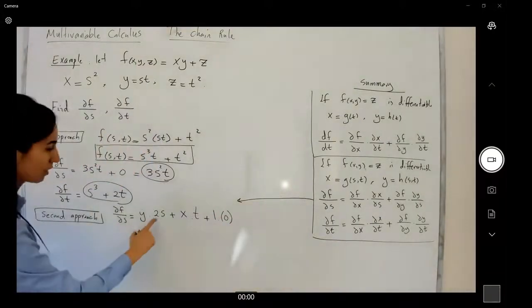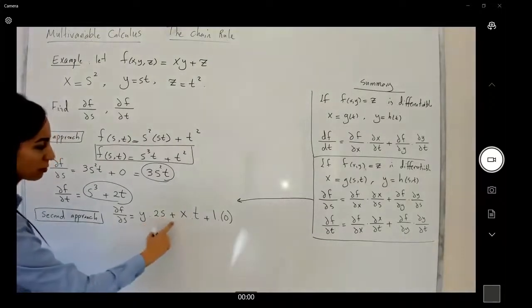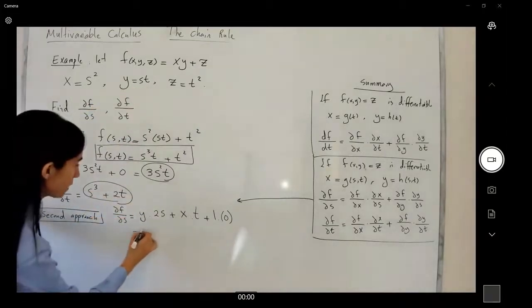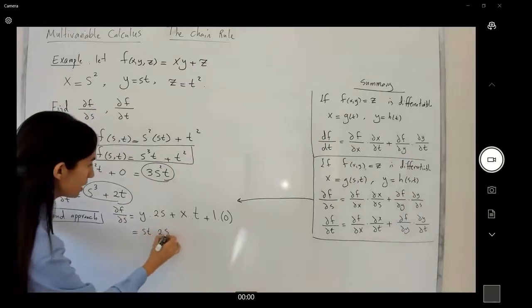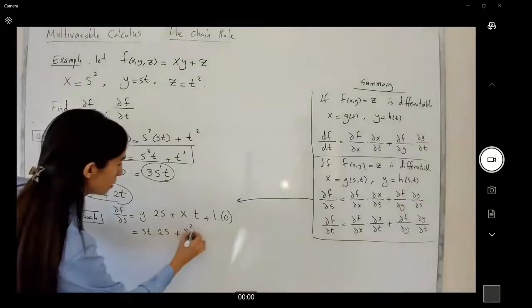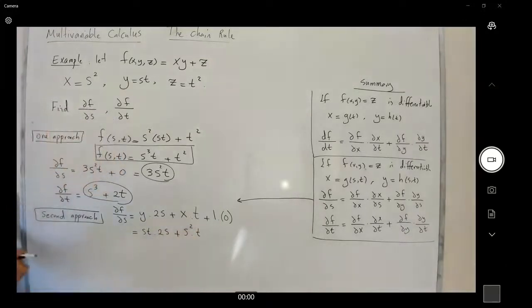Okay, here you have 2s times y plus x times t. What do we have here? We have to do the substitution. What is our y? y is st, so we're going to substitute that here. st times 2s plus, what was our x? x is s squared times t, and this is just 0.